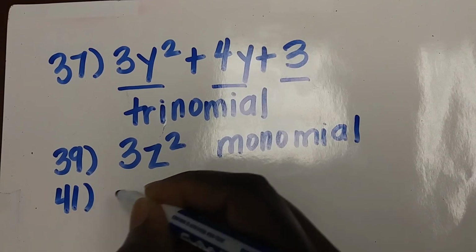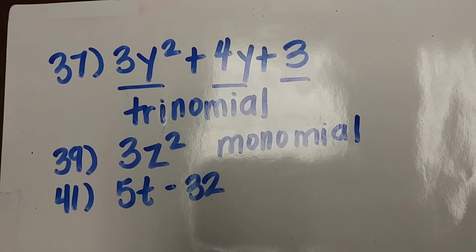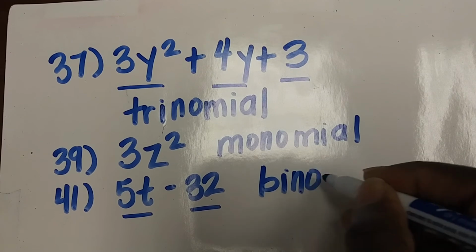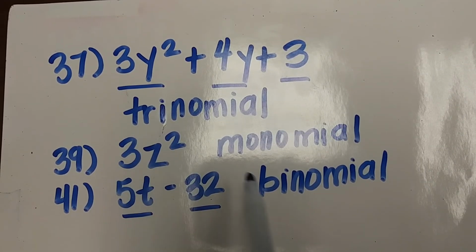Number 41, 5t minus 32. I see 2 terms, so it is a binomial. We know tri means 3, we know bi means 2, and mono means 1.